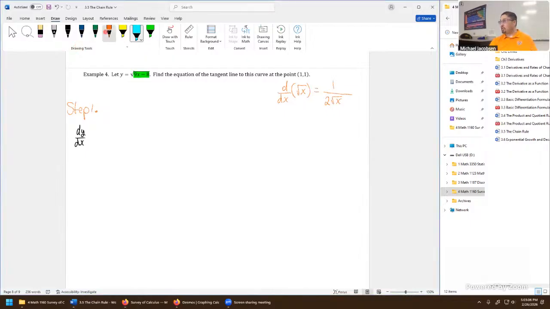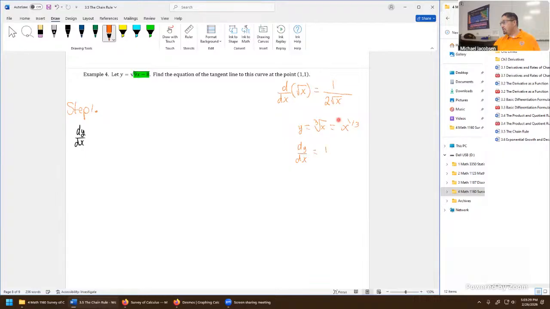Yeah, absolutely. For a cube root, if you say y equals cube root x, you could rewrite this as x to the power 1/3. And actually, it's a little bit different now that you've mentioned that. I'm glad you asked that question. This is a nice clean pattern for the square root, but it starts to get a little bit more messy for the other roots. Let's see what happens on this one.